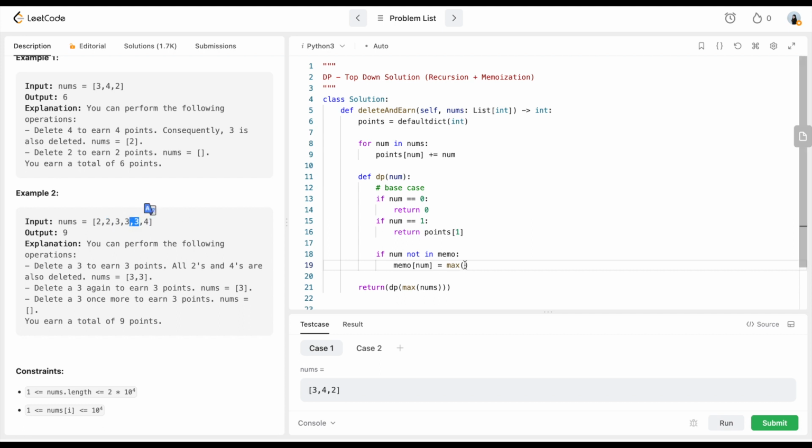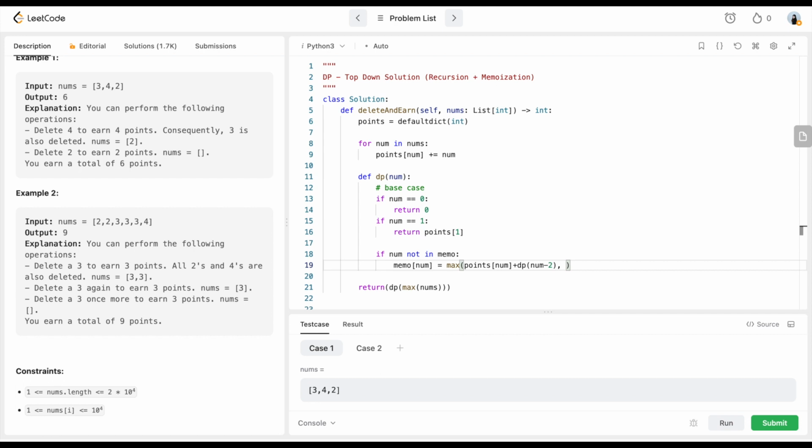So basically, the maximum between picking itself, which would be points[num], our current num, plus dp(num minus 2), because we want to pick 4 and 2.